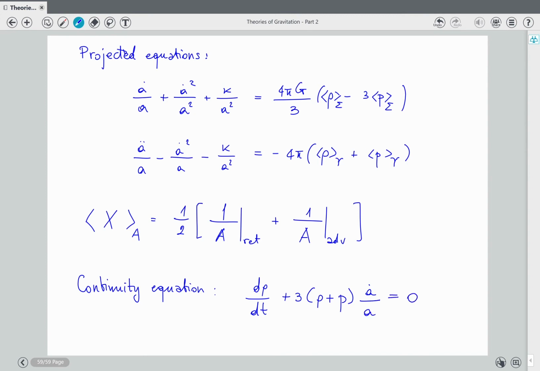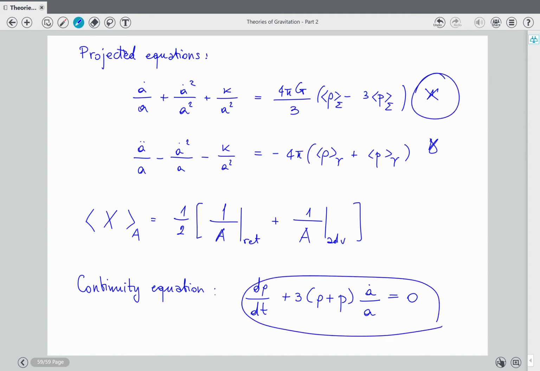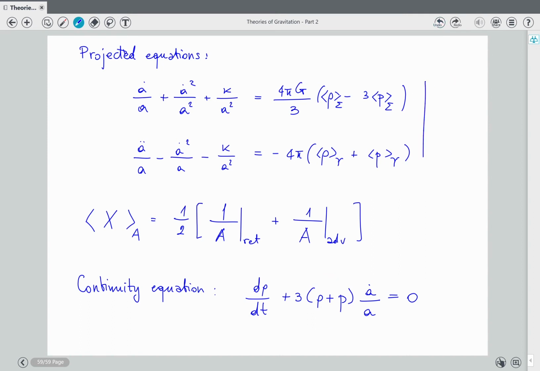That can be derived also from the conservation of the energy momentum tensor. So instead of having two complicated equations like those, you can replace them by one complicated equation and a relatively simple one. You can choose the one you want. So there are two complicated equations, but actually there is only one complicated equation there.